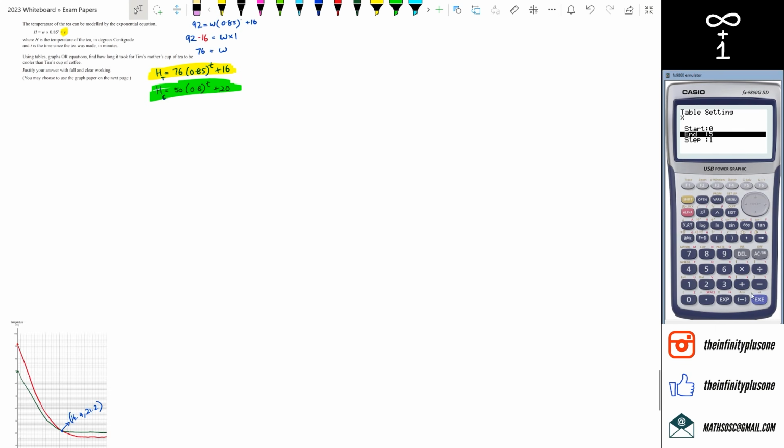I'm going to put start as 0 and end as, how far do we need to go? 24. You could put it to roughly 20 just to get an idea. Step 1. And if we click on table, oh no, this has done this thing again. I must have made a mistake somewhere.